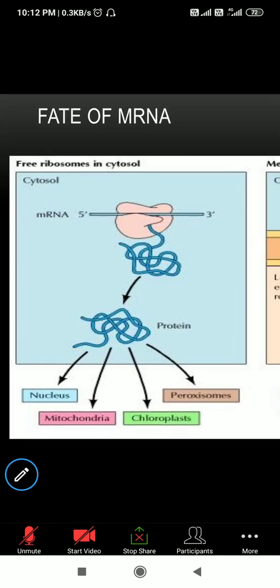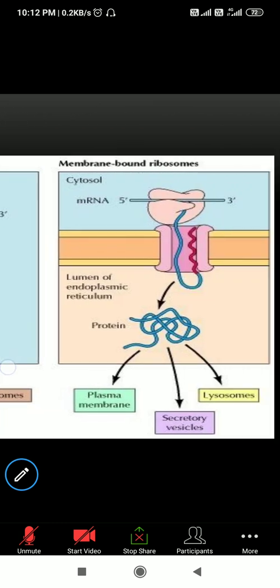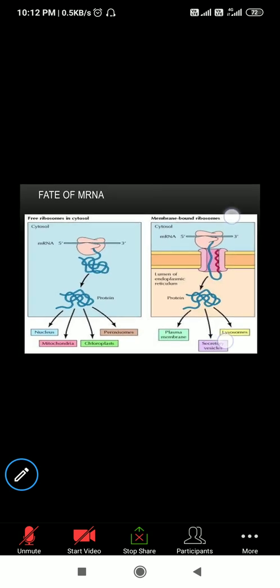From the cytosol, these proteins are then transferred to the nucleus, the mitochondria, the chloroplast or peroxisomes. But the proteins which are translated on the membrane of the endoplasmic reticulum are sent either to become part of the plasma membrane, or the secretory vesicles, or the lysosomes of the cell.